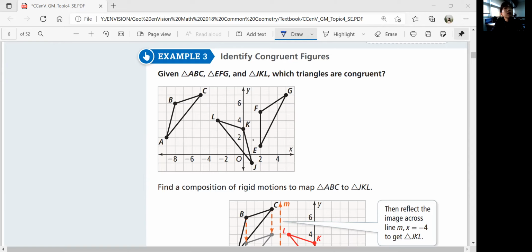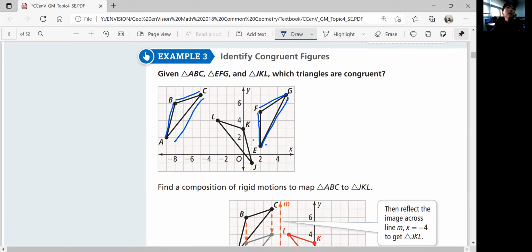Is AB mapping to EF, and is BC mapping to FG, and is CA mapping to GE? Are all the lengths equivalent? Well, they look similar, but look at BC and FG. They're kind of different. EG and AC, they're kind of different too.